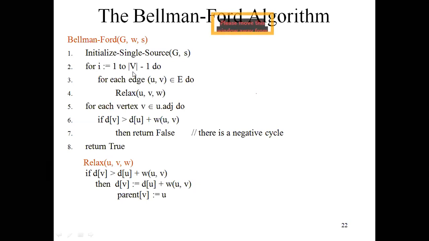We repeat these relaxations for each and every edge, and the number of repetitions is V minus 1, the total number of vertices minus 1. For each edge u comma v belonging to the edge set, the total edges in the graph, do relax u, v, w: relax the edge u comma v with weight w.